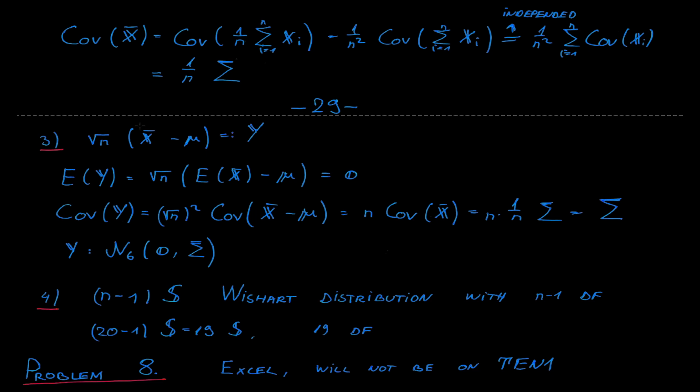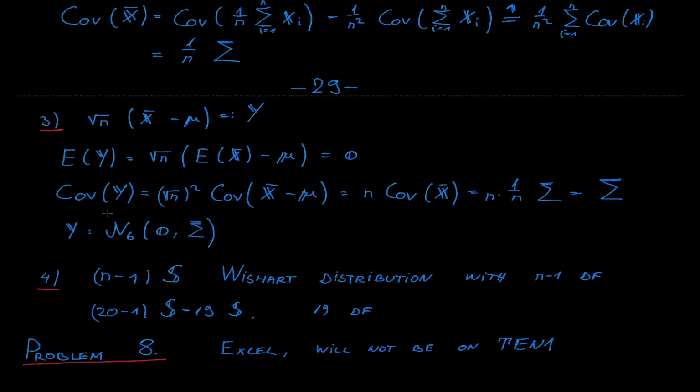As we have that x bar is normally distributed, we know that this y is going to have a normal distribution. The expected value of this: the constant can go in front, and the expected value of a constant is that constant. So we have just the expected value of x bar, and this is mu, so mu minus mu is 0.